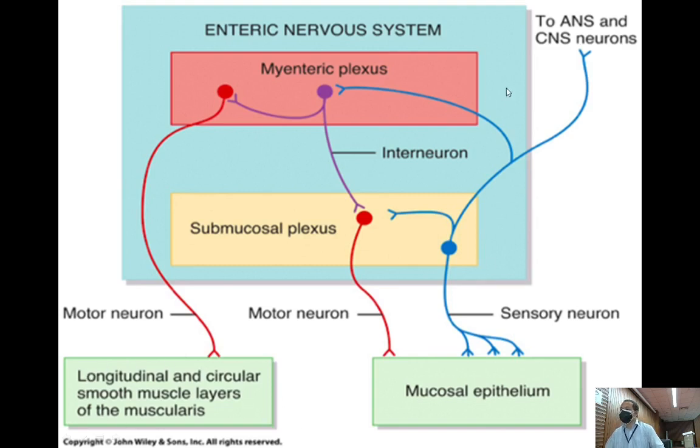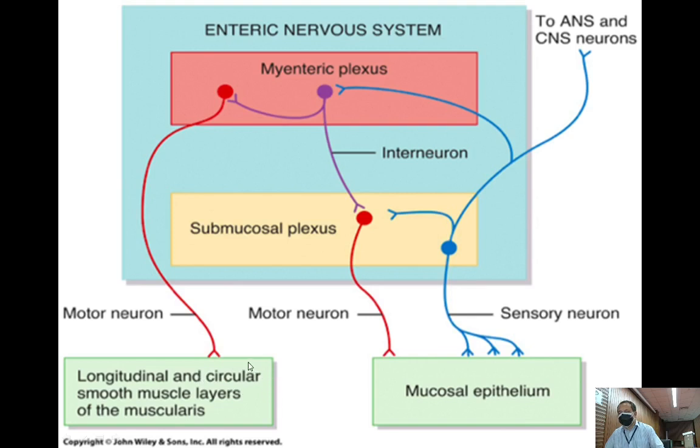The function of the sympathetic system is that it causes relaxation of the gastrointestinal tract, but it also causes constriction of the sphincters. Most of the sphincters in the gastrointestinal tract are basically thickenings of the circular smooth muscle.